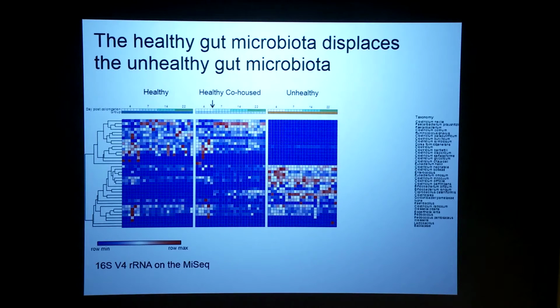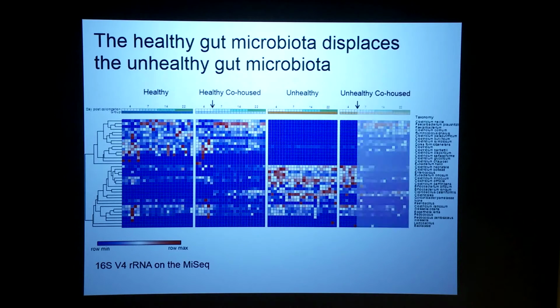Looking at my healthy co-housed group, with the arrow indicating the time of co-housing, you can see throughout this experiment as well, even after co-housing, this community remains largely stable. When we look at my unhealthy co-housed group, we can see prior to co-housing, as we would expect, the bacteria present in the guts of these mice resembles that of our unhealthy control.